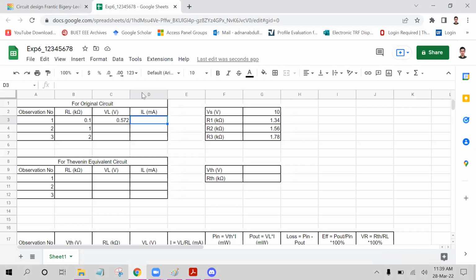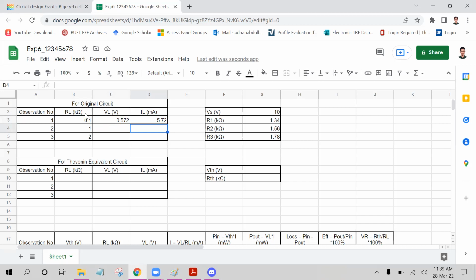We already have the values of VL and RL ready over here. So we can use a simple function. The function would be VL divided by RL. That's it. The current is automatically calculated in milliampere units. Why?